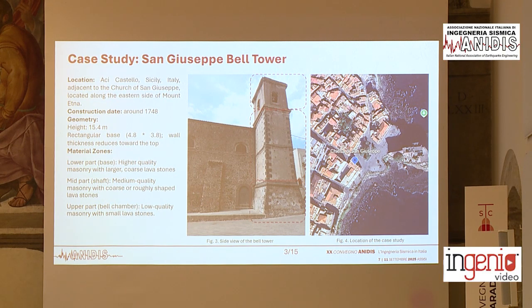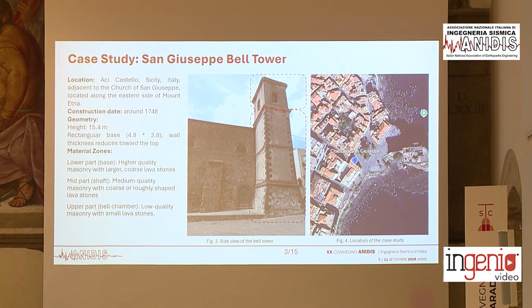It consists of three main parts with different quality of the material. The lower part has higher quality masonry with larger, coarse or roughly shaped lava stone, arranged in pseudo-regular rows with cohesive hydraulic lime mortar.